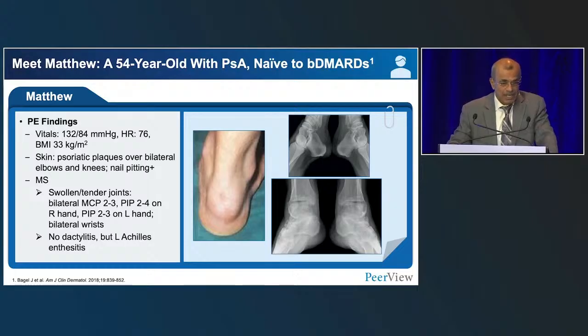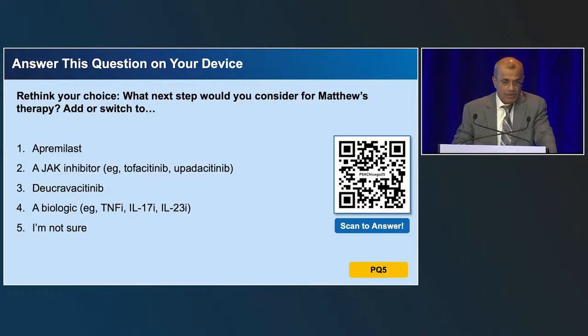So anyhow, the question is, what's the next step? He has failed methotrexate. He has obesity and all these risk factors. Apremilast, JAK inhibitor, deucravacitinib, a biologic. Please scan and answer.